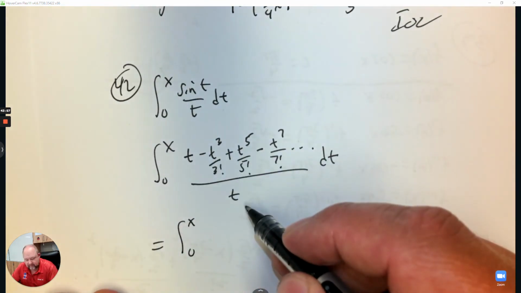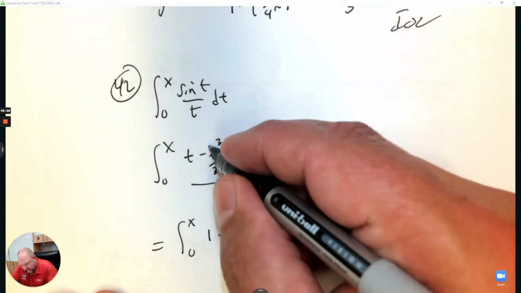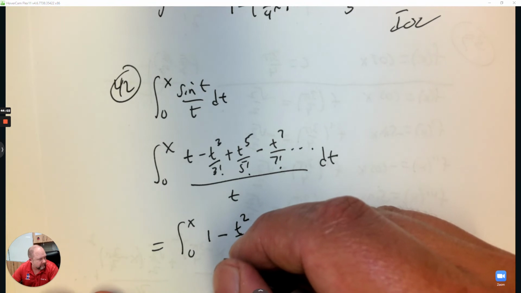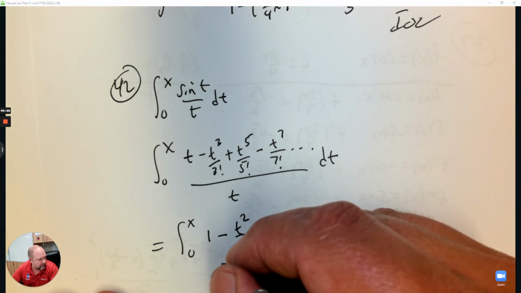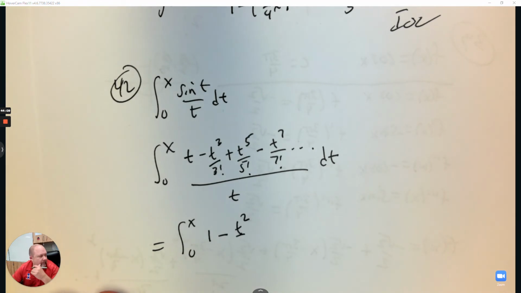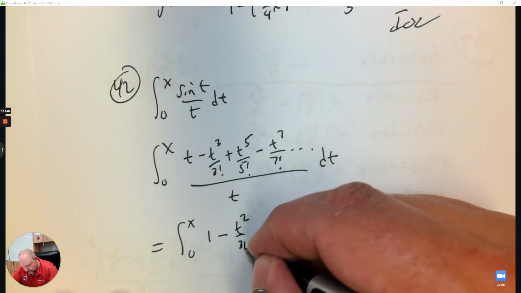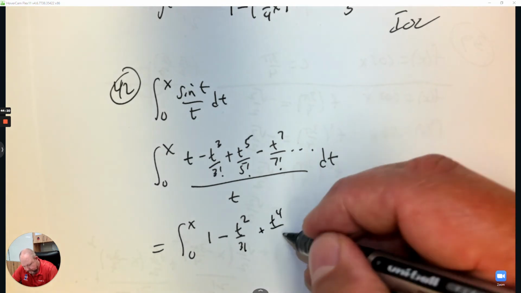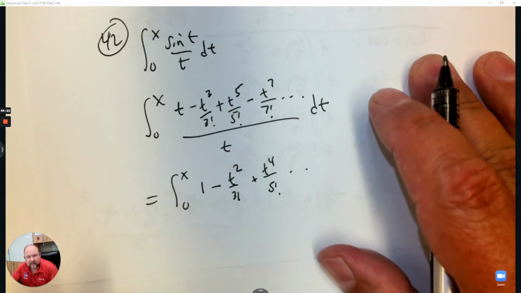So t divided by t is 1. That divides to t squared over 3 factorial, right? That divides to t to the 4th, and so on.